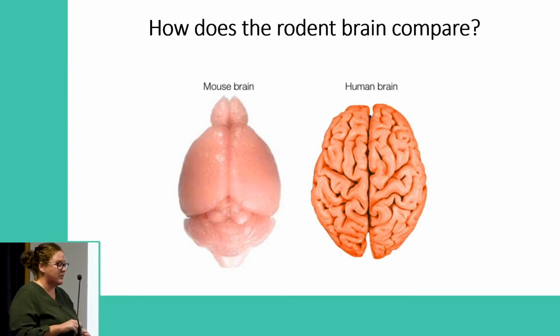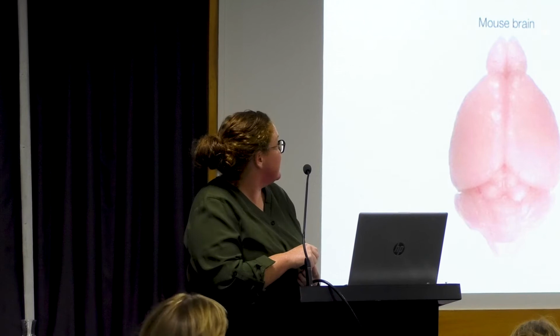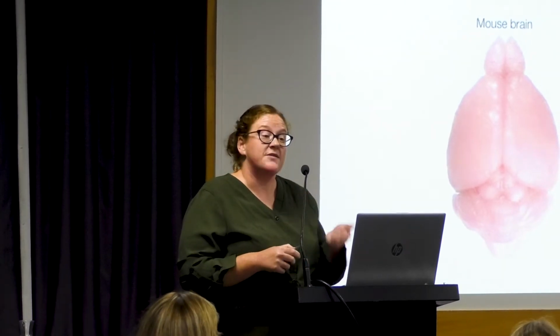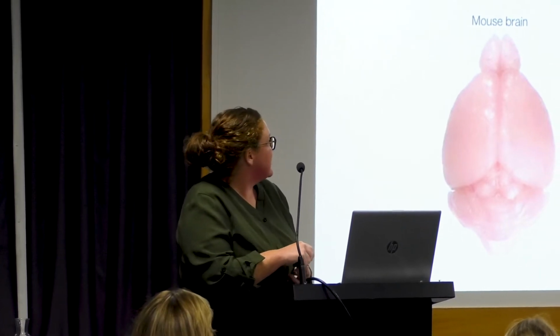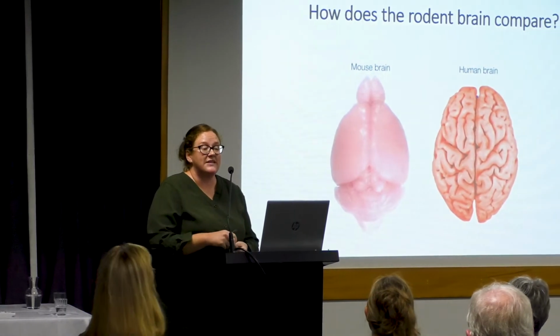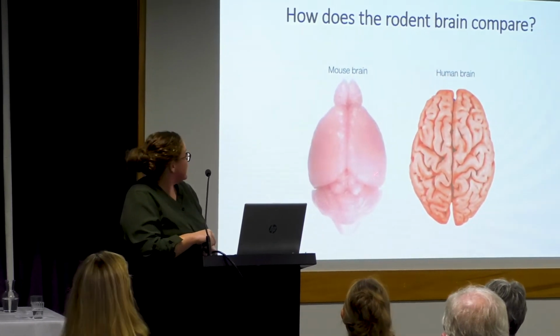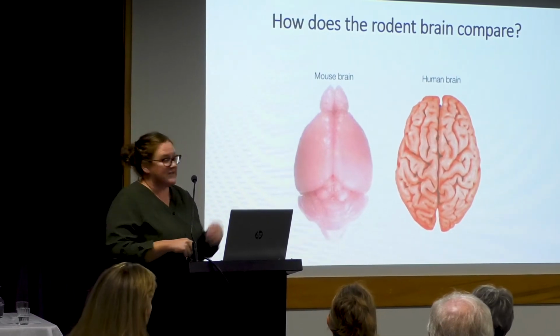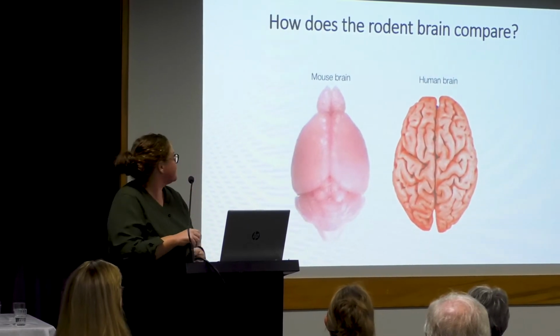A couple of things that you would notice is that in the mouse brain, this is the olfactory bulb at the front, which is involved in a sense of smell. It's really quite large. In humans, you can't even see it here. It's still there, but it's very small, and it's tucked away underneath the cortex. Same thing with the cerebellum. In the mouse, it's very pronounced, whereas in the human, it's hidden down at the back.